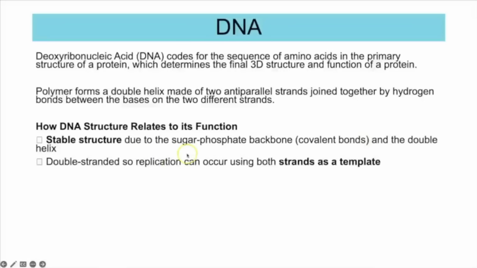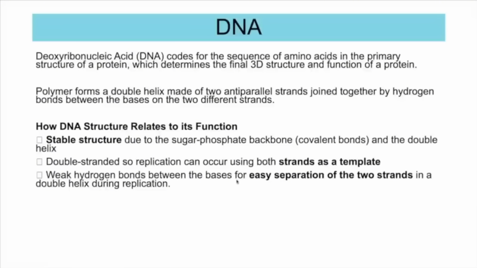The fact that it's double-stranded is advantageous when it comes to DNA replication. It means that both of those strands can be used as a template. The fact that there are weak hydrogen bonds between the complementary bases is an advantage for DNA replication as well, because it means that very little energy is required to break those bonds, separate the 2 strands, and therefore have those 2 strands acting as a template.